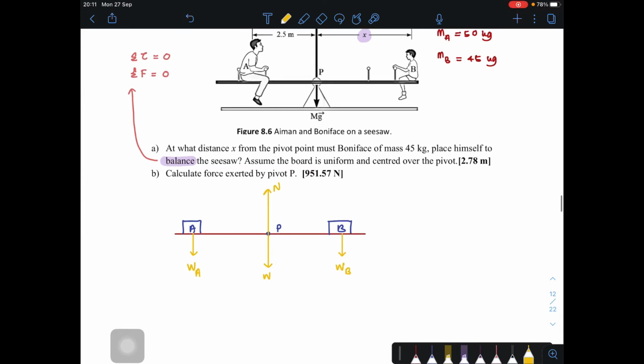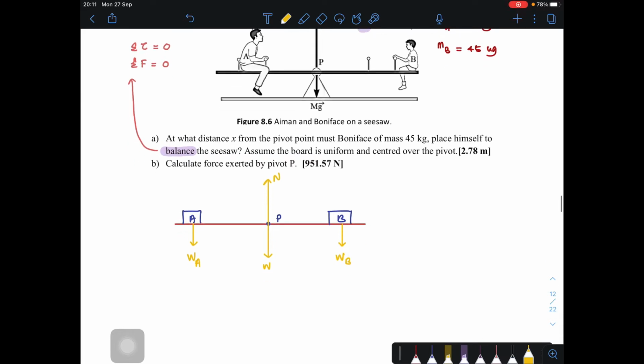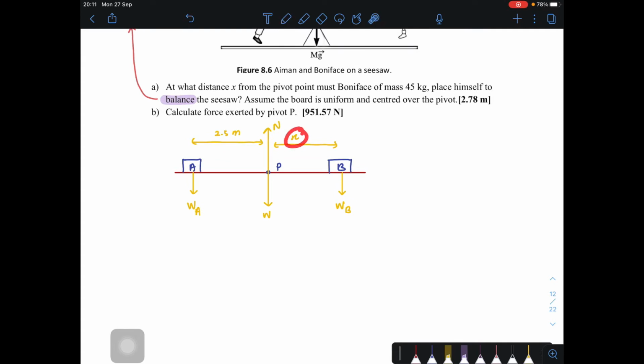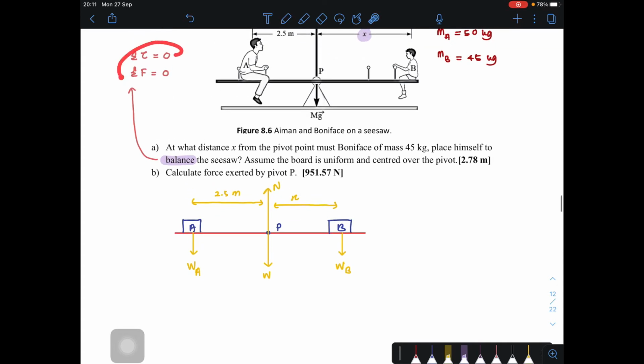Okay, so now, because we want to find this value for x, right? This one we know is 2.5 meters. So we want to find this value for x. So we can get this equation from here first.